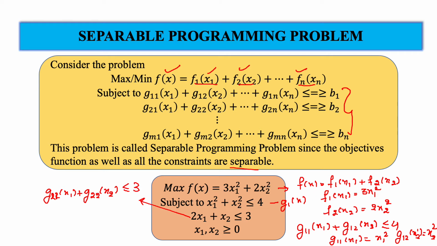So here g21(x1) is equal to 2x1 and g22(x2) is equal to x2. So this shows that the constraints as well as my objective function are separable. So we can say that this problem is a separable programming problem.